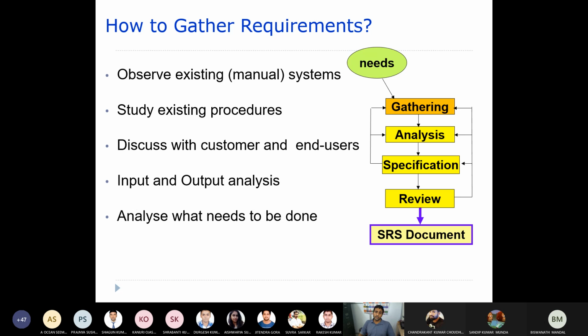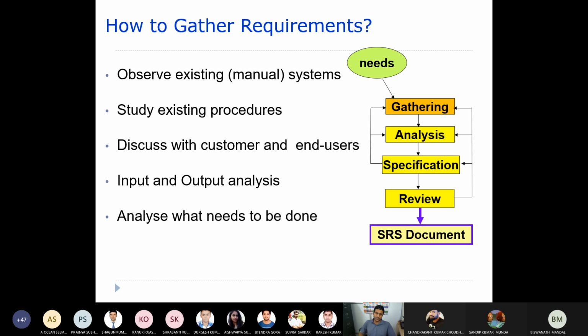But if there is no existing manual system, then we need so much visualization, by which we try to establish more of the requirements. And we study existing procedures also. If any existing procedures are available, we study those and then discuss with the customer and the end users.